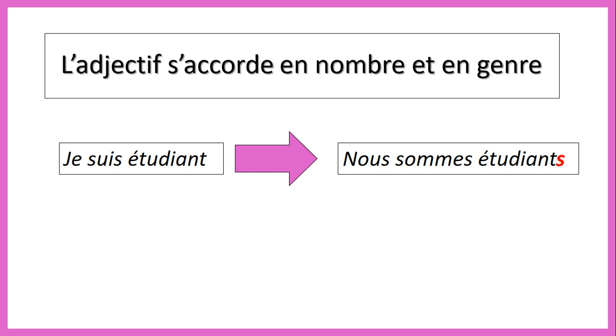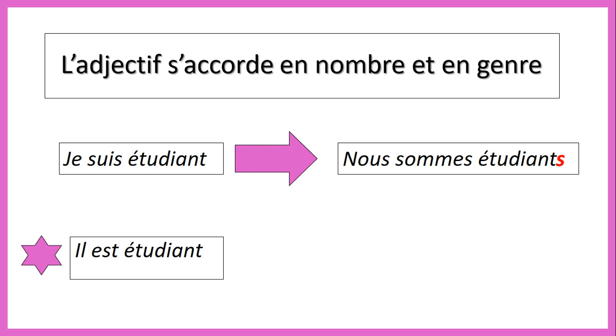The meaning of this sentence is we are students. So the moment the subject turns from I to we, taking a plural form, étudiant, which is the adjective of the phrase, also has an S on top of it, meaning it's agreeing with the subject, which is we or nous here.